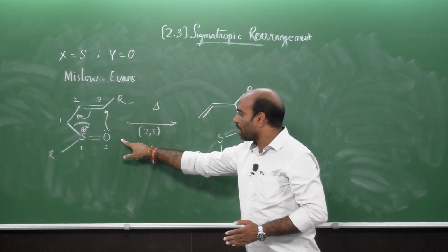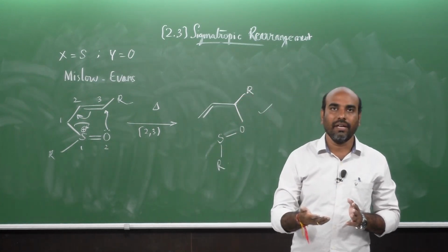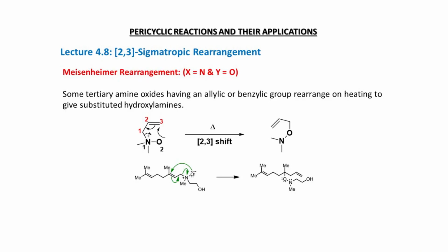If it is a carbon atom, one thing should be for sure, it should be capable of getting a negative charge. Besides discussing all other examples related to the 2,3 sigmatropic rearrangement, we can also discuss the Meisenheimer rearrangement, which involves the 2,3 sigmatropic reaction.